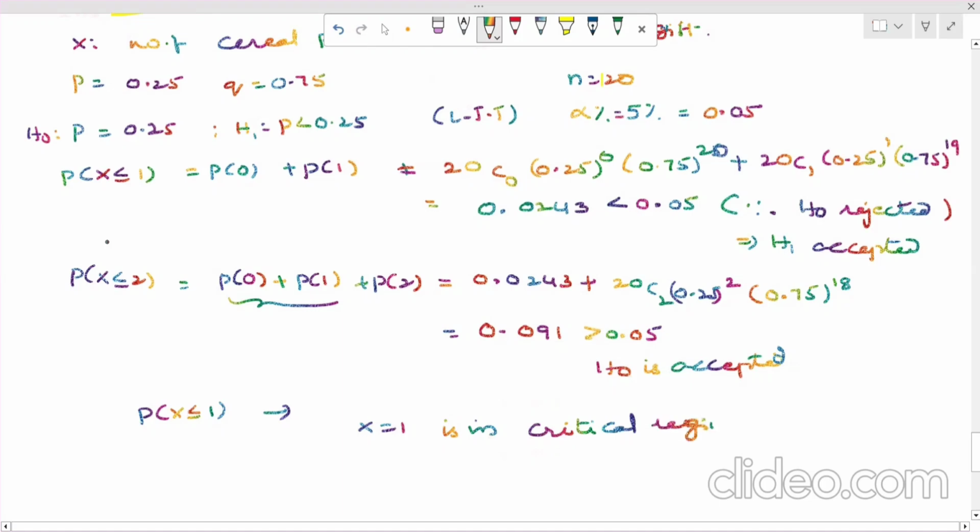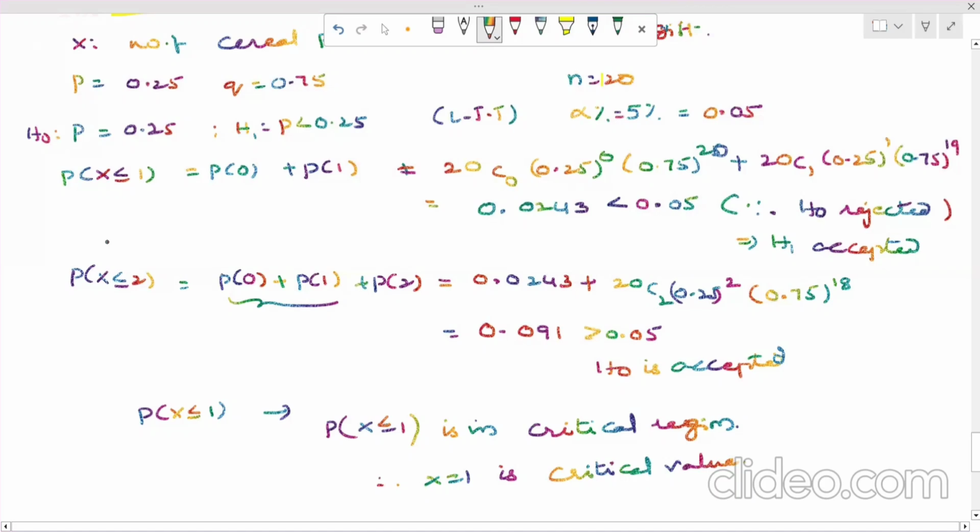The critical value will be X equal to 1. Write down: X less than or equal to 1 is the critical region, and the critical value is X equal to 1, because that is where H naught is rejected.